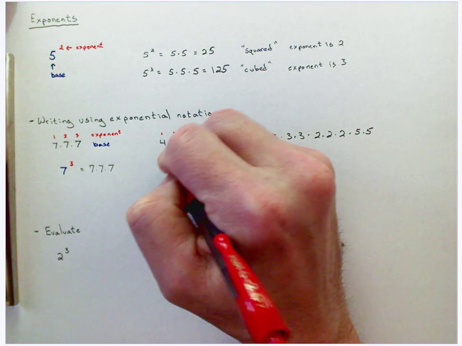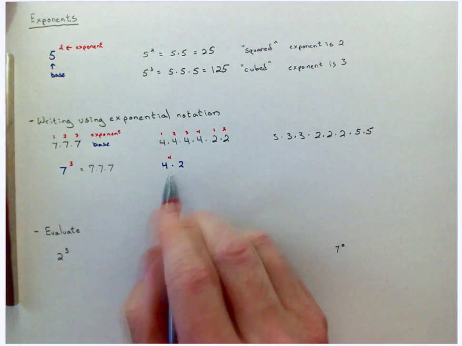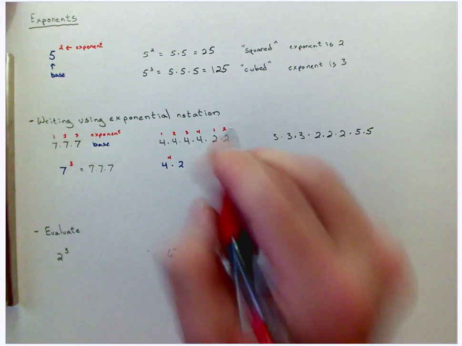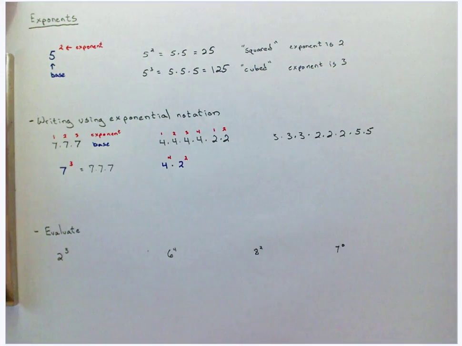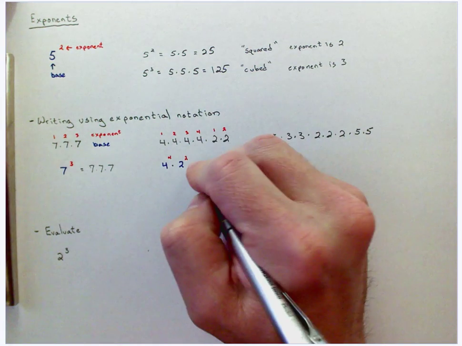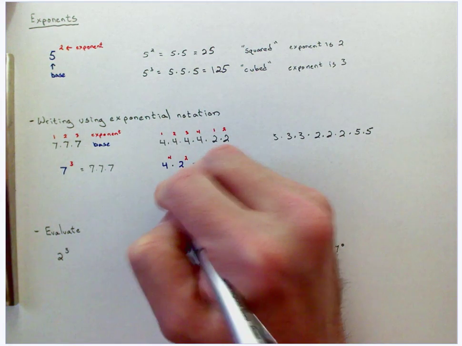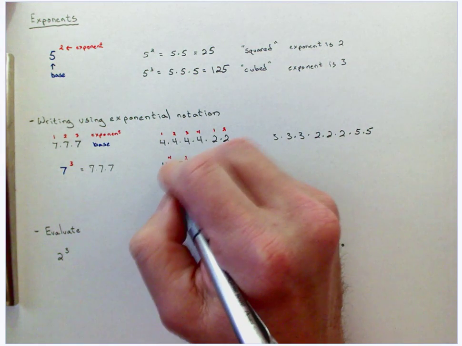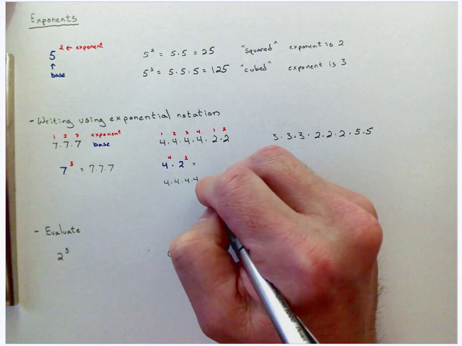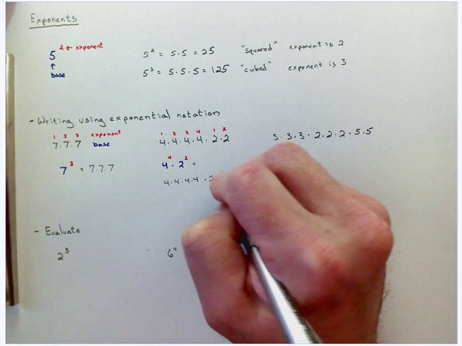That's how many 4s there are. And my exponential power for 2 is 2 because there are two 2's. Again, what this says is 4 times 4 times 4 times 4, for this base, and for this base it says times 2 times 2.